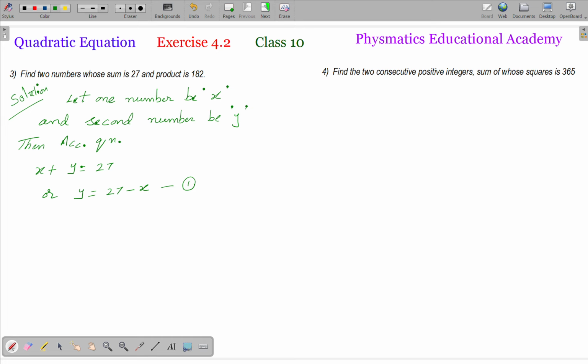So according to the question, again, the product of the two numbers is 182.